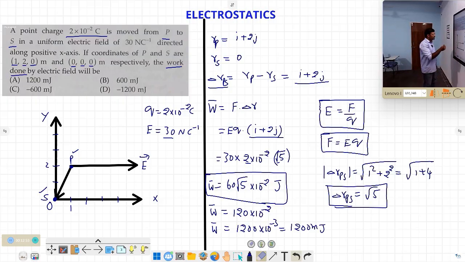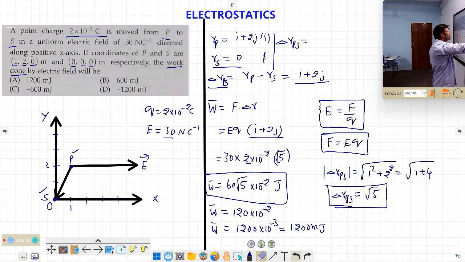There are options of positive and also negative. In this case, change in position is final minus initial. S is the final one and P is the initial one. That's why you have to take rs minus rp. If you take rs minus rp, you get a minus sign, because a negative value means delta r is from S to P, with initial and final as such. So final minus initial is rs minus rp, which becomes minus of i plus 2j.